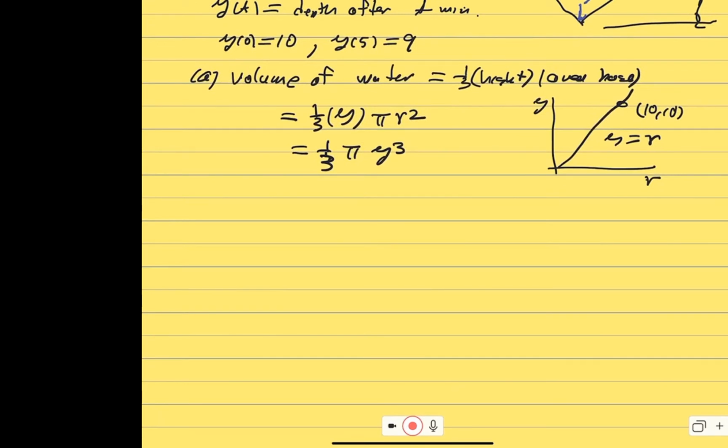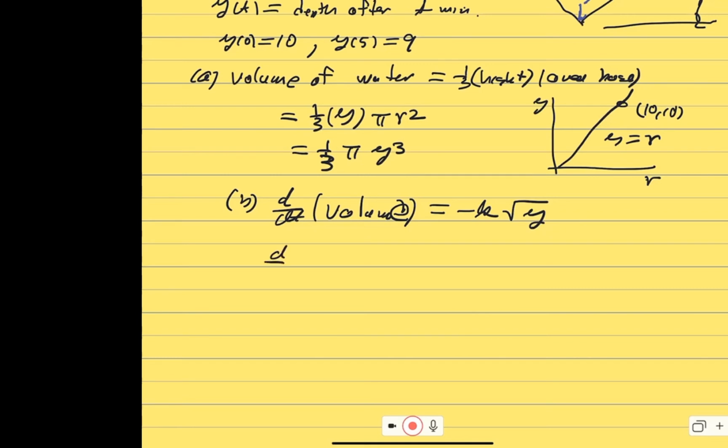So, okay, now let's figure out the differential equation. What that is, d/dt of the volume is going to be some constant of proportionality times the square root of y.